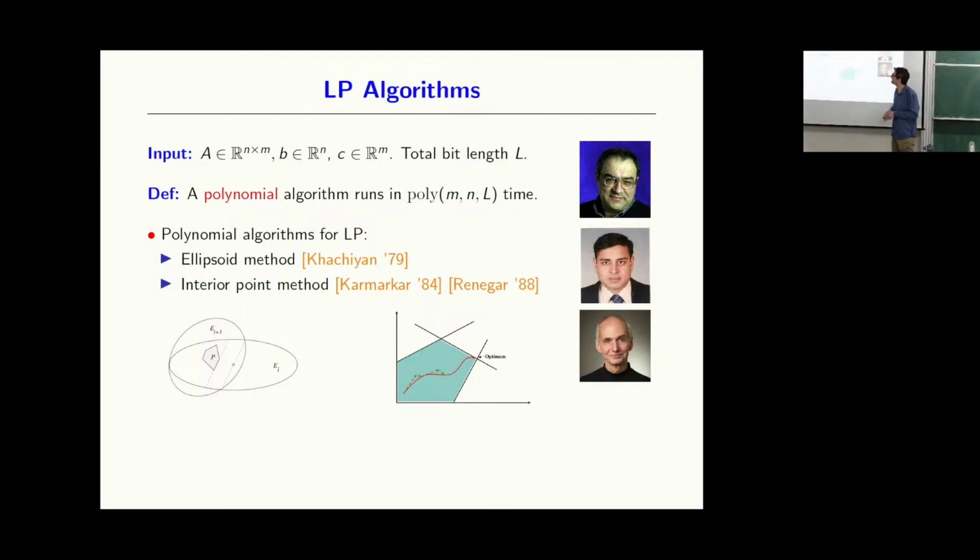And this was first applied at the end of the 70s to show that linear programming is in fact in P. And for us, we're going to be interested in a different class of method, which are called interior point methods. And we'll mostly be interested, as you'll see later, in the geometry of these methods. The algorithm I will not talk so much about today. And these are two examples, the most important examples for now, of polynomial time algorithms.